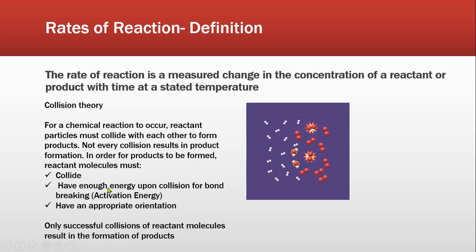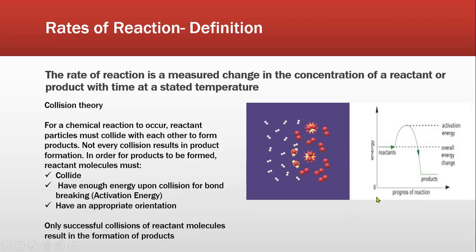They must have enough energy upon collision for bond breaking, and they must also have an appropriate orientation. These 3 factors are very important, and no reaction will take place unless we have every one of these. And every one of these will result in a successful collision, which results in the formation of products.